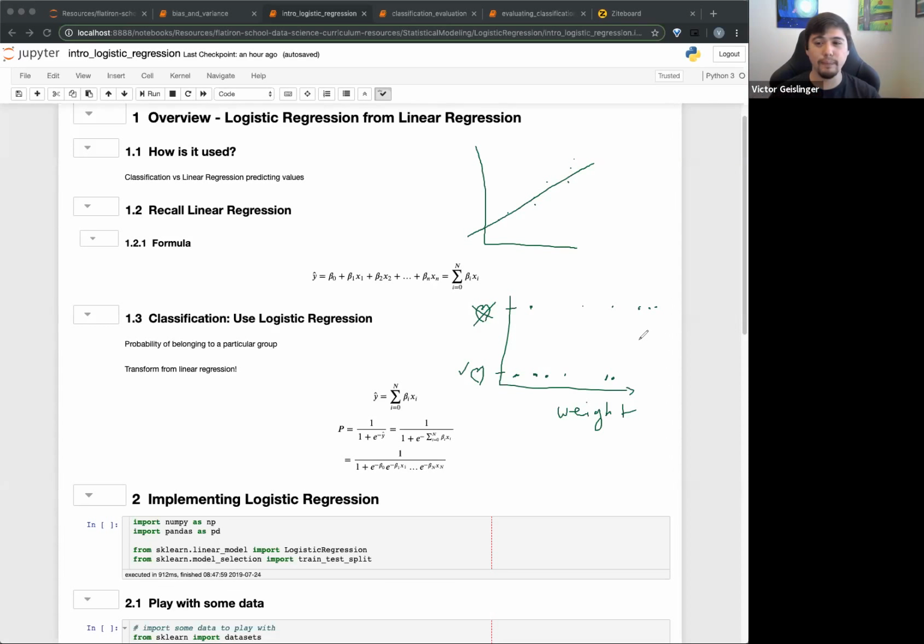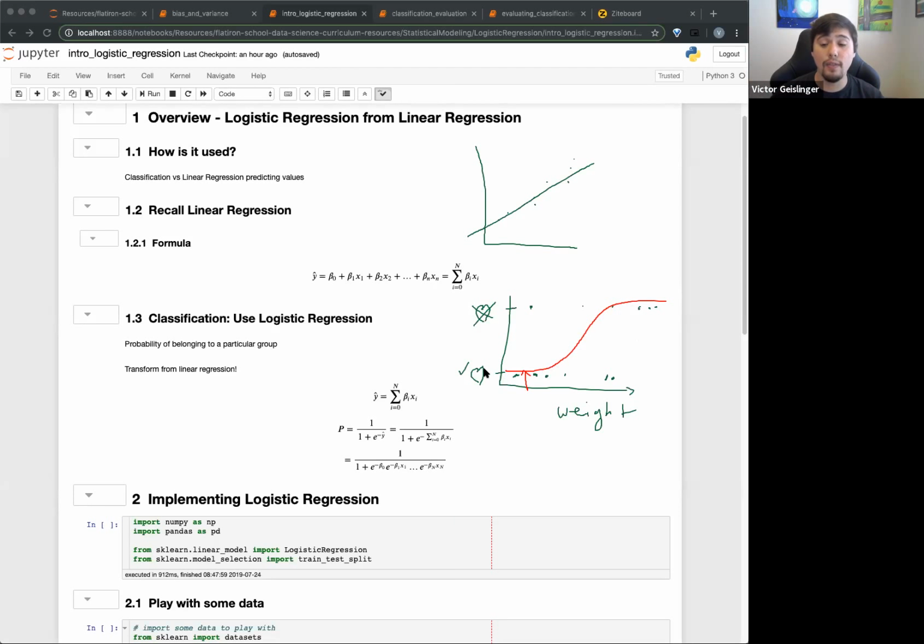And so what we do with logistic regression, just like how we wrote a best-fit line, is make a logistic curve, which will look something like this. What it's supposed to predict is: given this weight right here, do they have heart disease or not? It gives a probability.